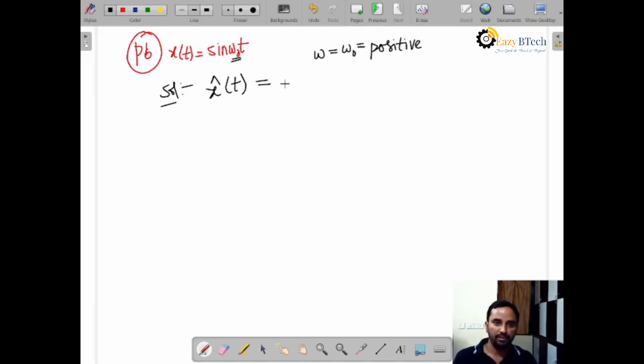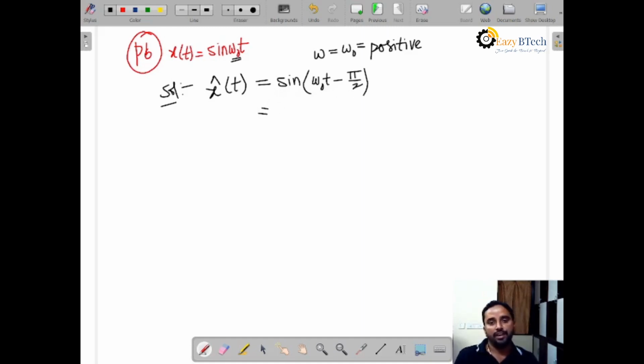Minus 90. Therefore x cap of t is equal to sine of omega naught t minus pi by 2, or minus 90. So I am giving a phase shift of minus 90. That is a property of the Hilbert transform that we are following now.